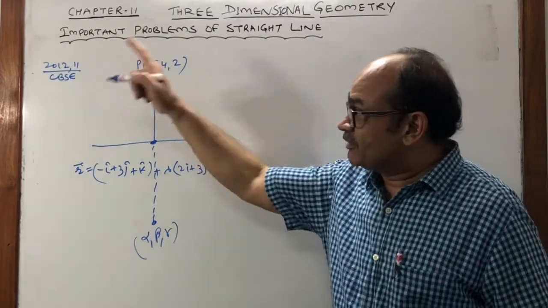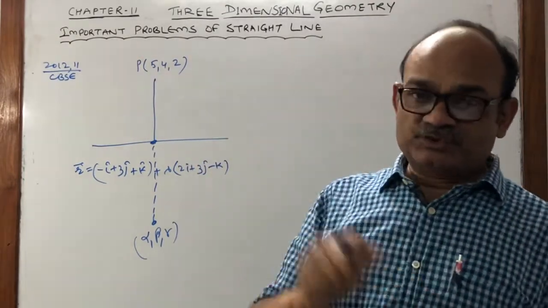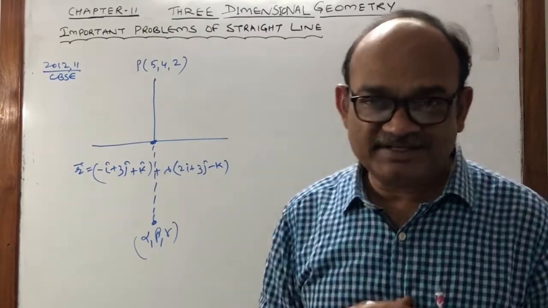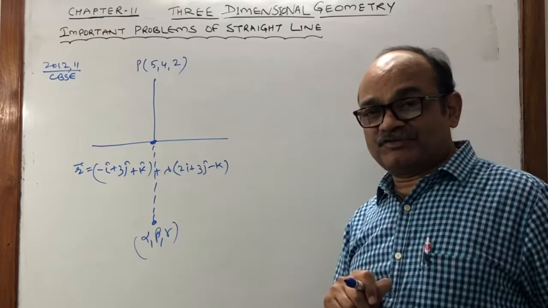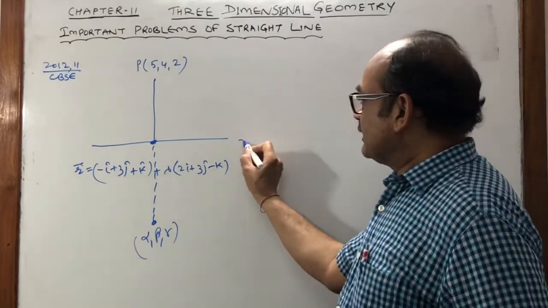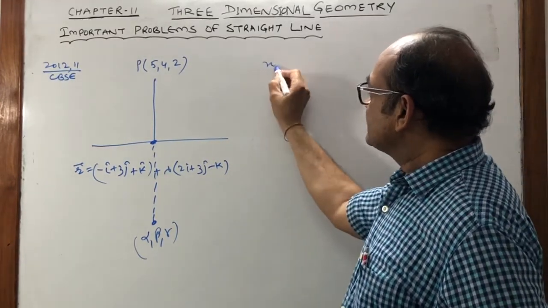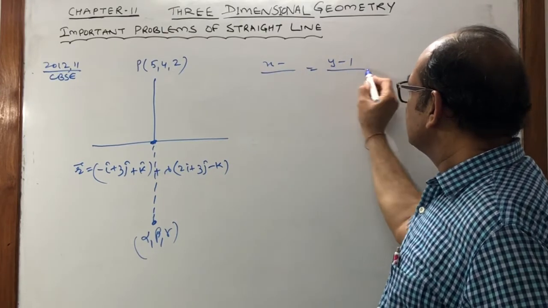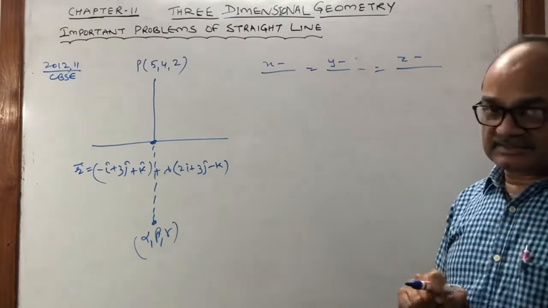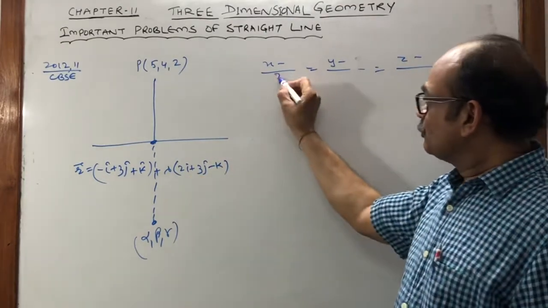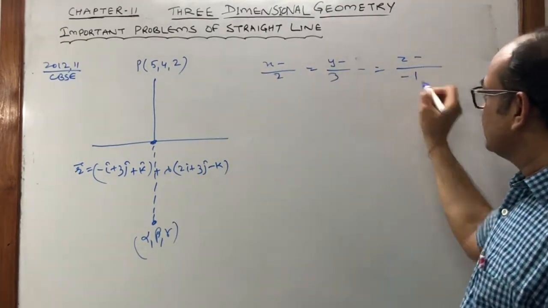In 2011 compartment exam and in 2012, so the importance is here. First we convert this equation in Cartesian form. So what is the Cartesian form? x minus, y minus and z minus, divided by their drs. So drs very clear: 2, 3 and minus 1.